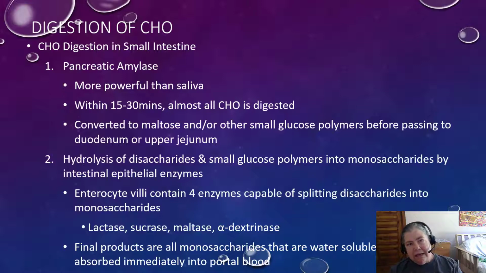The monosaccharides are all water soluble, and as soon as the disaccharides are broken into monosaccharides at this brush border, they're immediately absorbed into the portal blood.